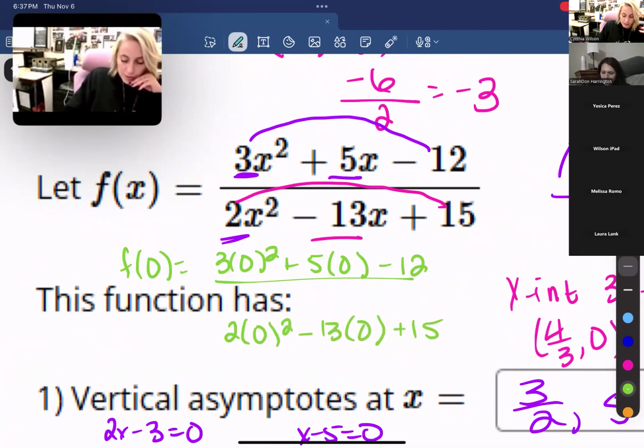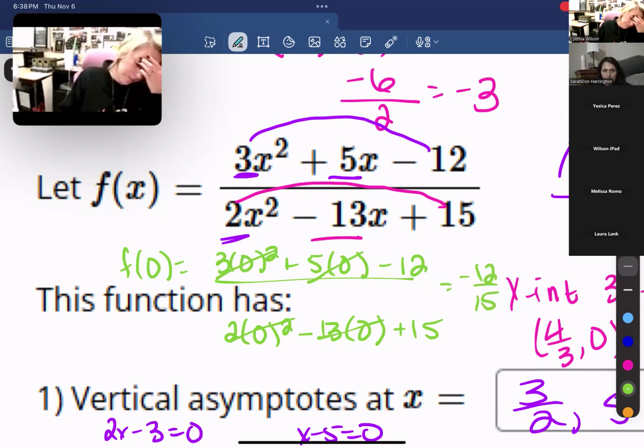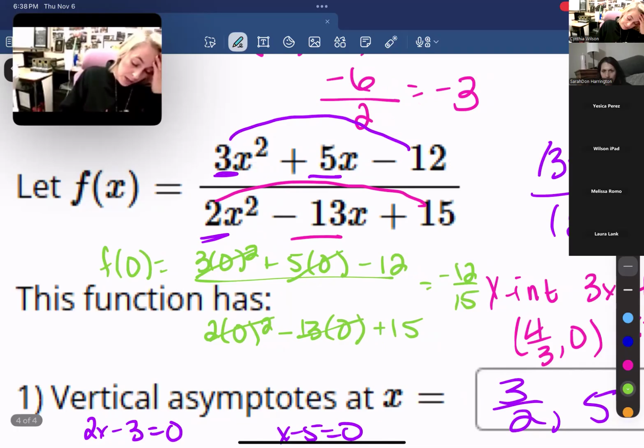And the reason I think it would be easier on this one is because 5 times 0 is 0. 3 times 0 squared is 0. 2 times 0 squared is 0. 13 times 0 is 0. So we have -12 over +15, which would be -4/5 would be your y-intercept.